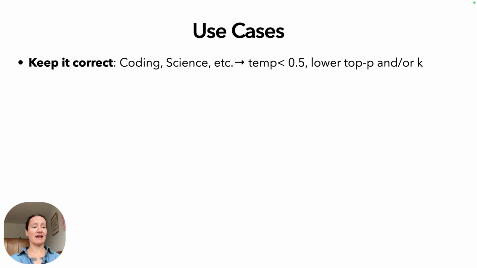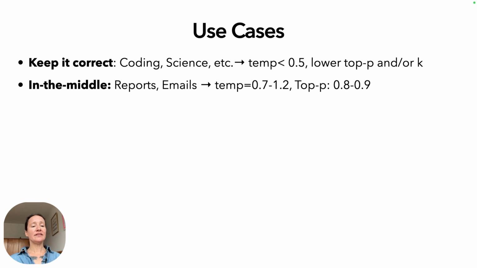So just FYI. Then you want maybe in the middle, I would say this is reports, emails, maybe normal transcription, but other tasks where you're kind of just doing quote unquote normal LLM work, whatever that means for you. Then you might want to keep the temperature around 1, give or take.